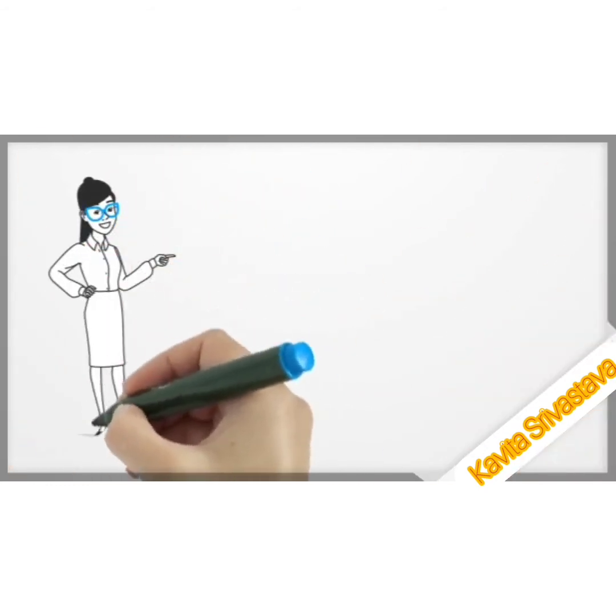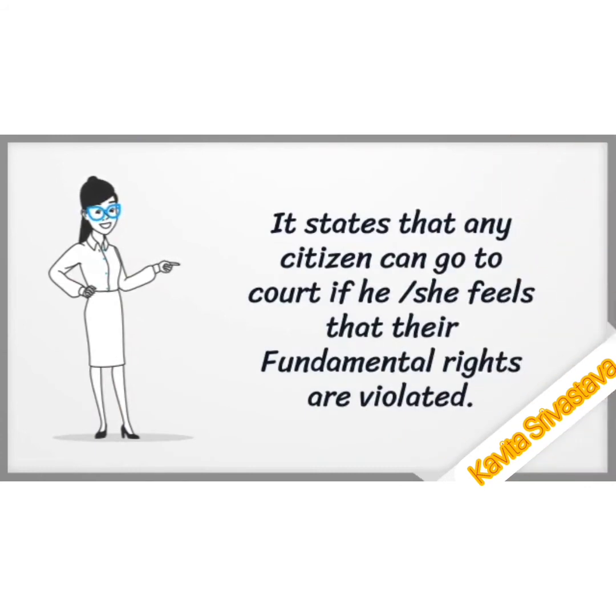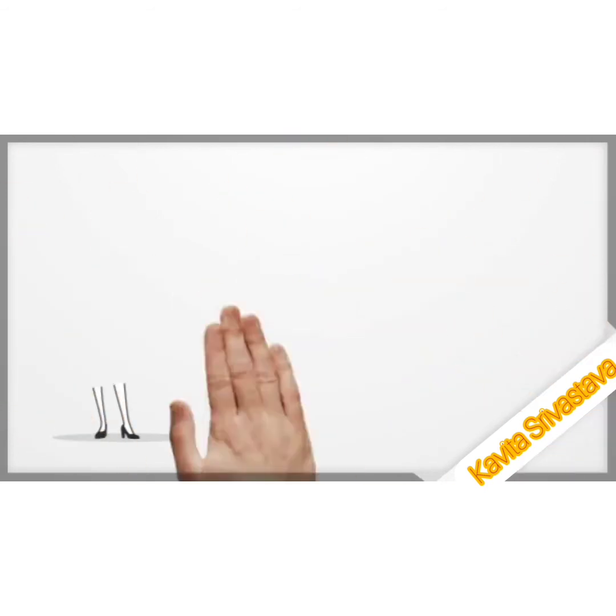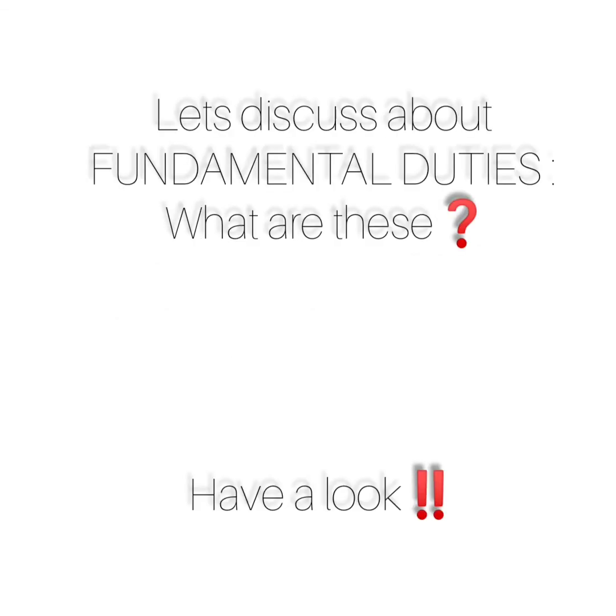It states that any citizen can go to a court of law if he or she feels that any of his or her fundamental rights is violated, even if it is done by the government. So these were basically all the 6 fundamental rights provided by the Constitution.